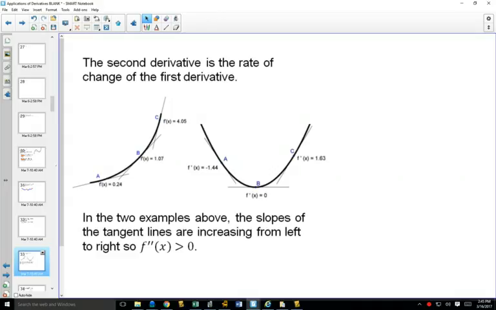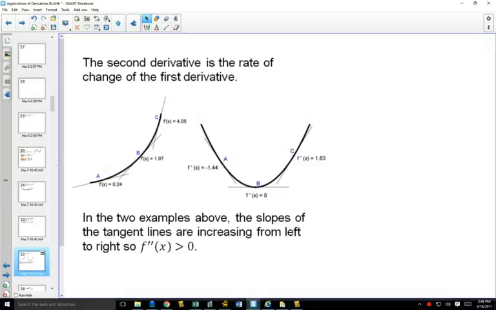So if a derivative is a rate of change, and you're doing the derivative of the derivative, what we see here, in this case, in the two examples above, the slopes of the tangents are increasing. Can you see that I'm going from 0.24 to 1.07 to 4.05?